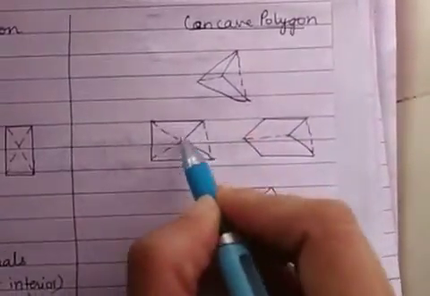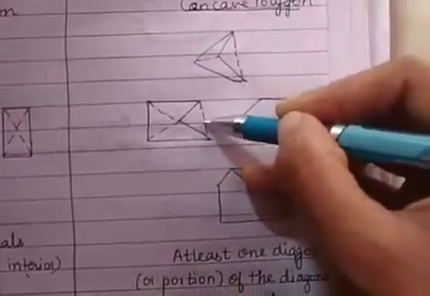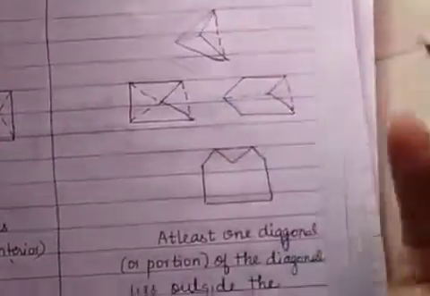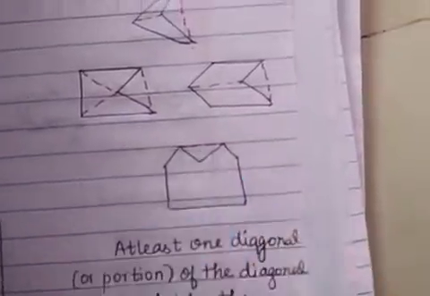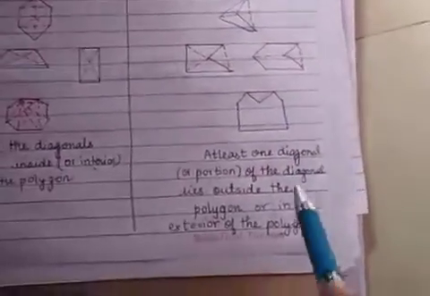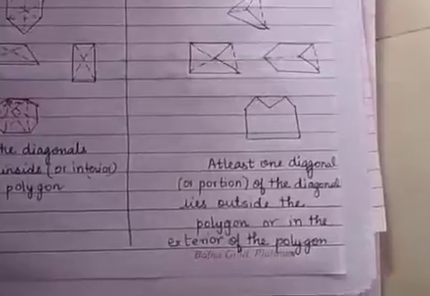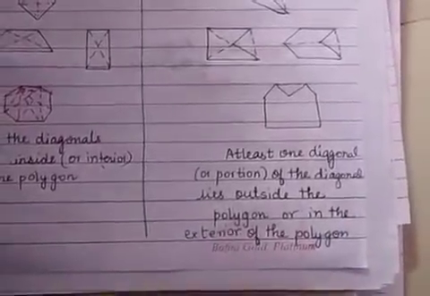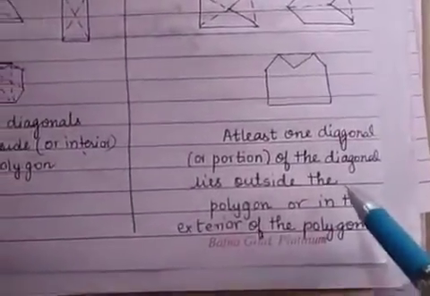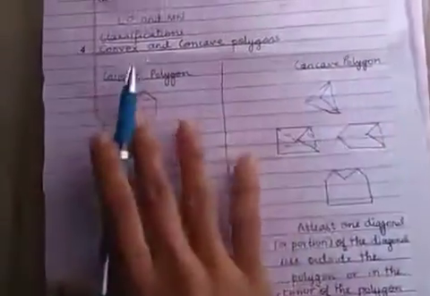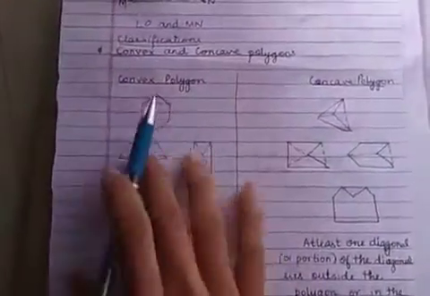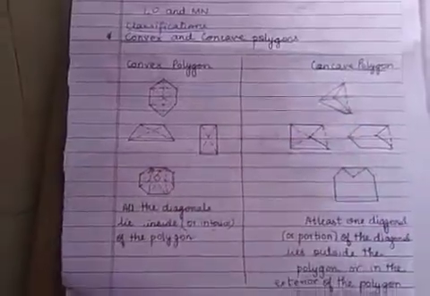Similarly, in this figure this diagonal lies outside, and here this diagonal lies outside, and over here this diagonal lies outside. So if at least one diagonal or a part of the diagonal lies outside the polygon, or on the exterior of the polygon, it is called a concave polygon. So based on the diagonals, the two types of polygons formed are convex polygons and concave polygons.